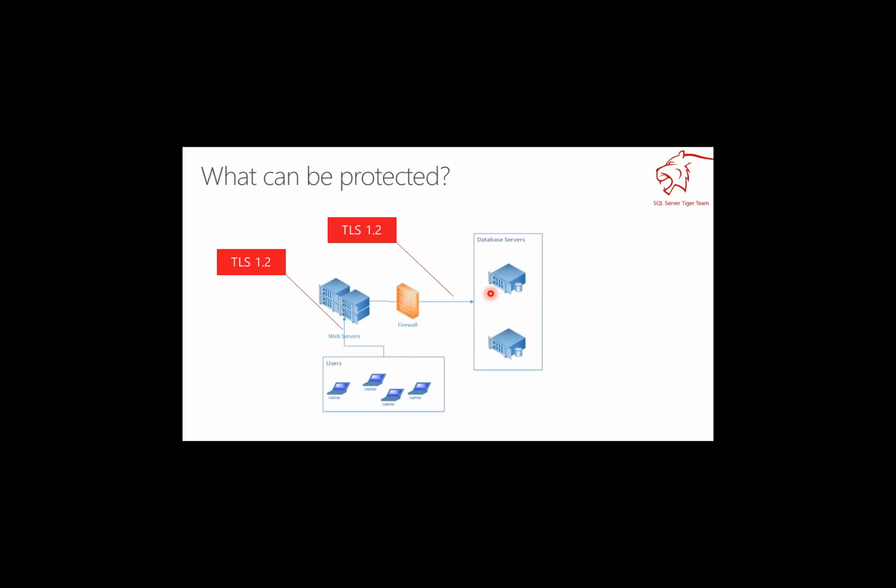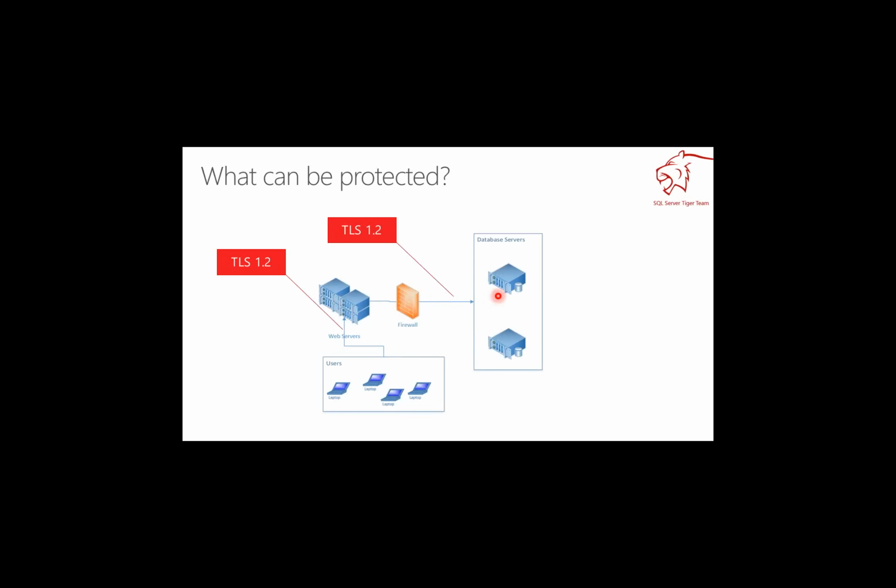To ensure that both are able to use TLS 1.2, which is a mandatory requirement for some compliances, you need to have both your web server and your database servers capable of using TLS 1.2 communication.